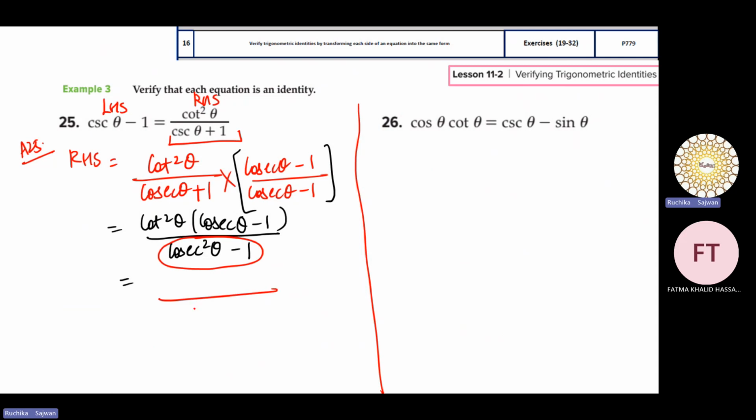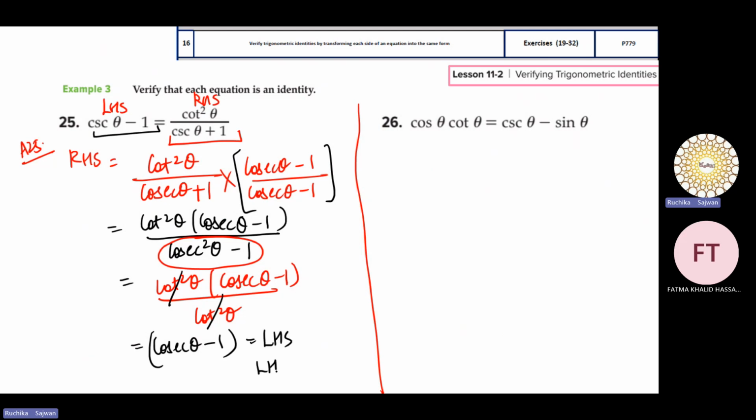Yes, you are perfectly correct. This is nothing but cot square. So the cot square in the numerator and denominator will cancel at this moment. What you're left with is cosecant theta minus 1, and this is nothing but your left side. So both LHS and RHS are equal, hence verified.